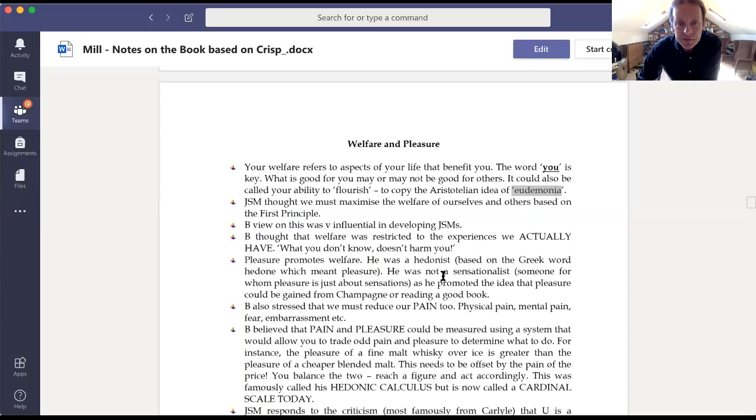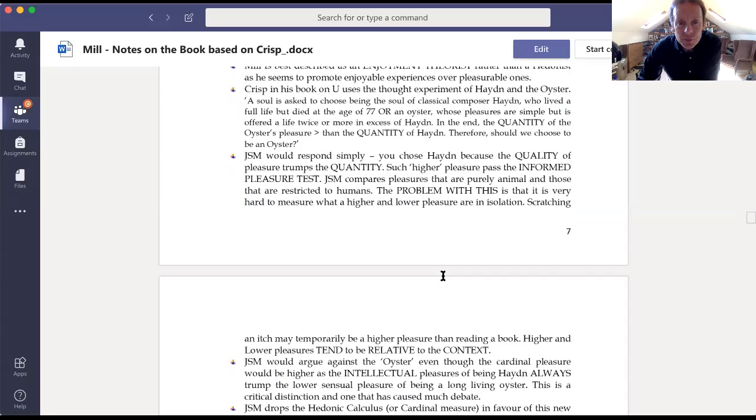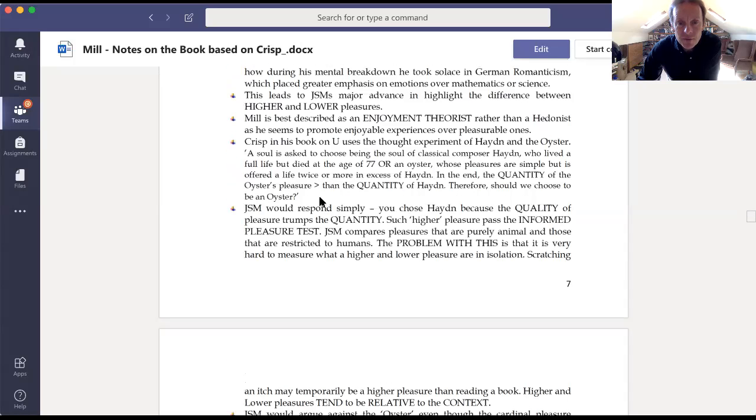And this is nicely illustrated, if we just whiz through this, in the problem of the oyster. This is from Crisp's book on Mill, and he raises this wonderful problem of the oyster and Haydn.